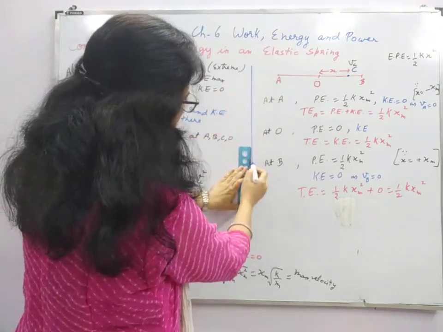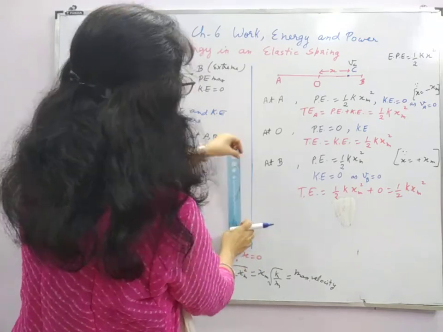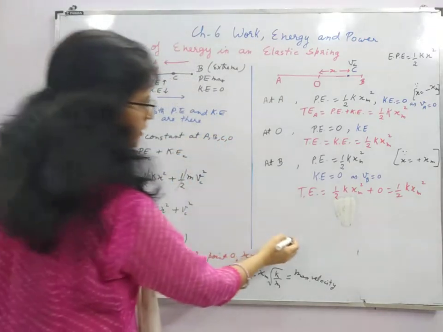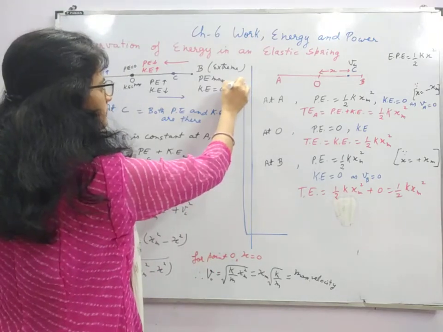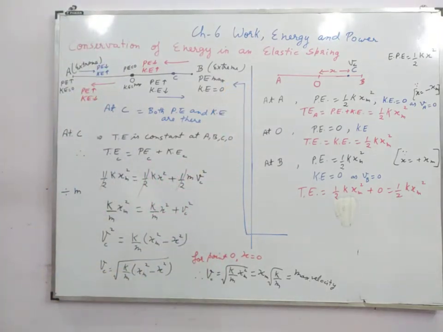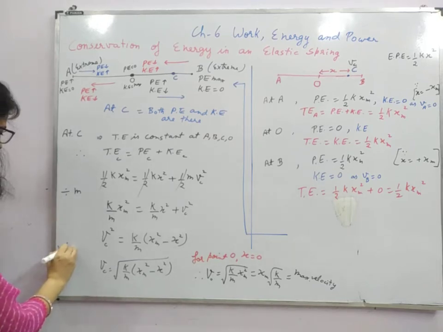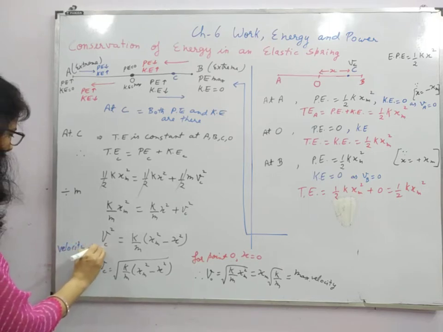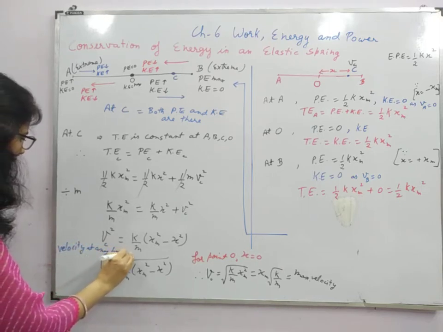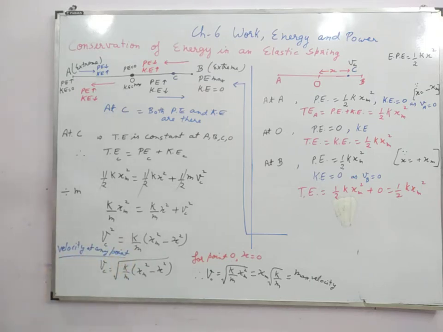Now we can draw the graph, right? After this, I have explained it this way. So let's draw the graph now. This is the formula for velocity at any point.